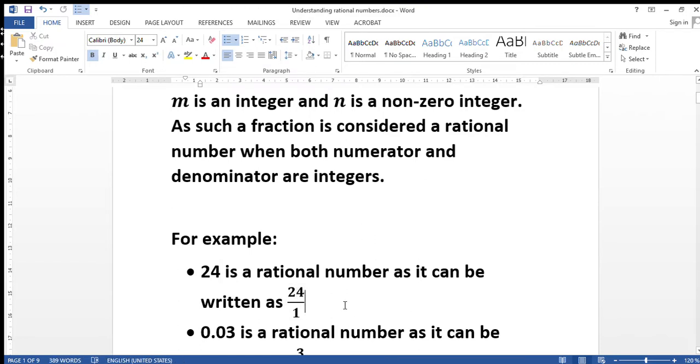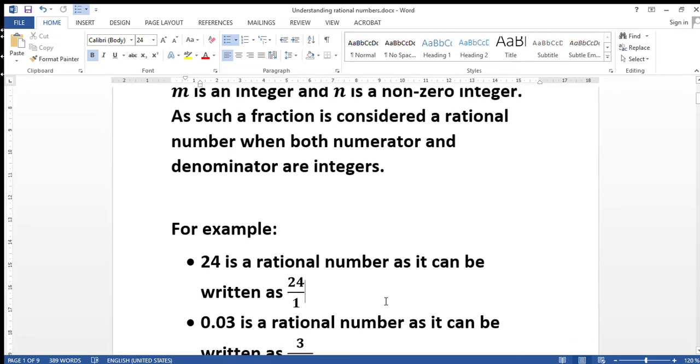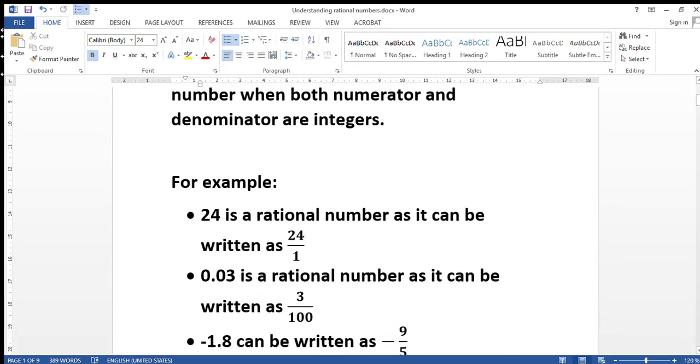When calculating fractions, we have included real numbers or whole numbers. So here we have 24, and we can write this one as 24 over 1.